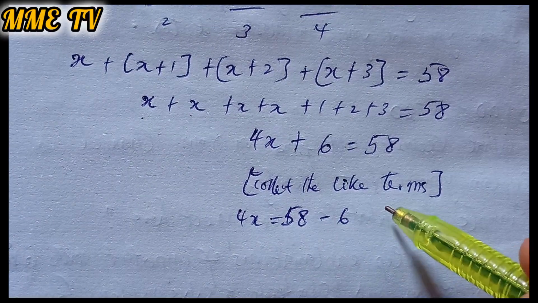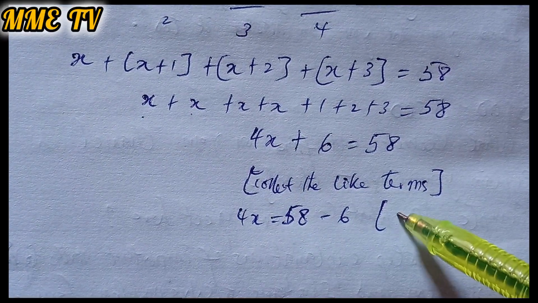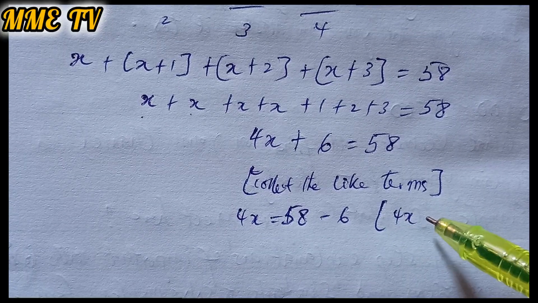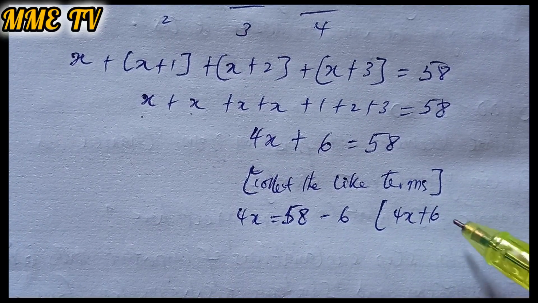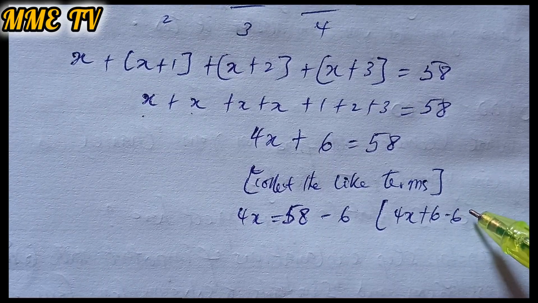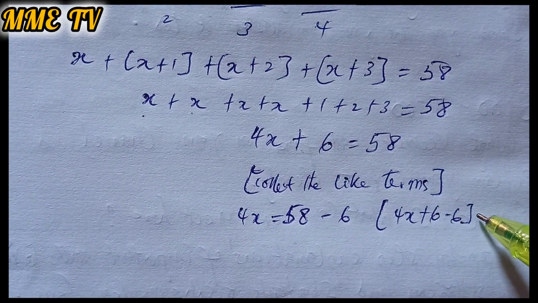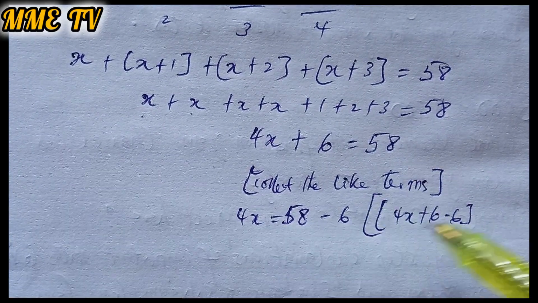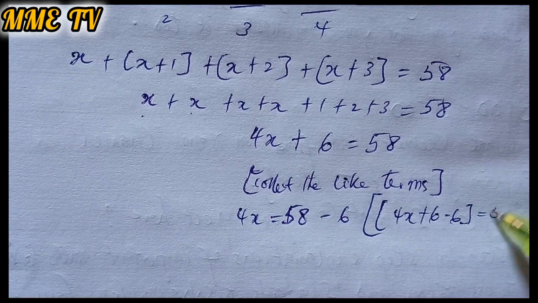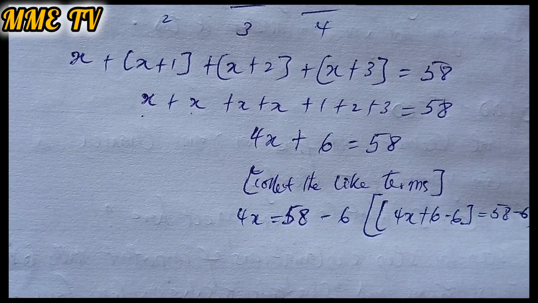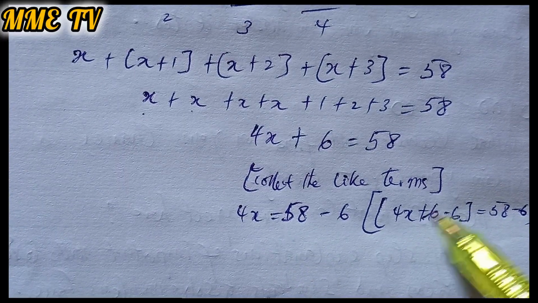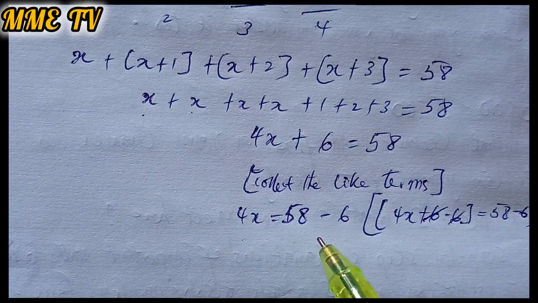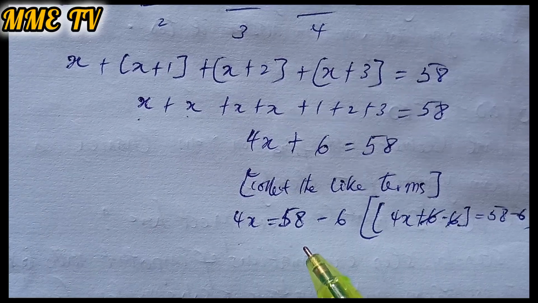On the same note, you can also say 4x plus 6 is equal to 58. Because I'm having plus 6 here, I can decide to subtract 6 from each of the sides, which is the same thing as what I have done here, so that this will cancel this, and I will still arrive at the same point, right?